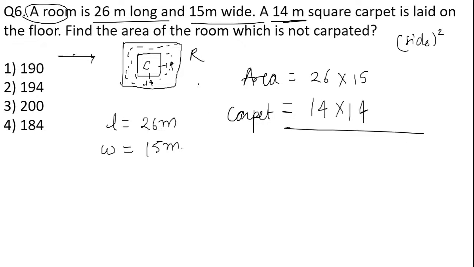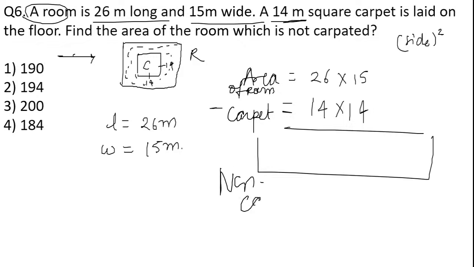If we do area of the room minus the area of the carpeted region, we will get the area of the non-carpeted region. Am I right? Area of the room minus this particular area will give me this area. Yes. In this way we can calculate it.